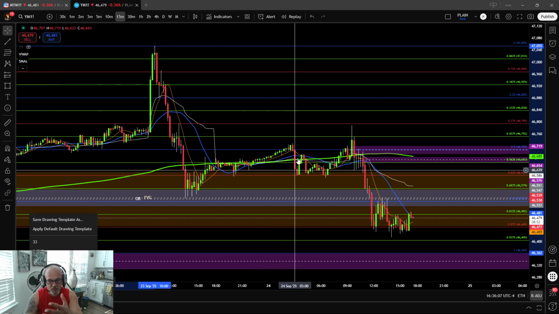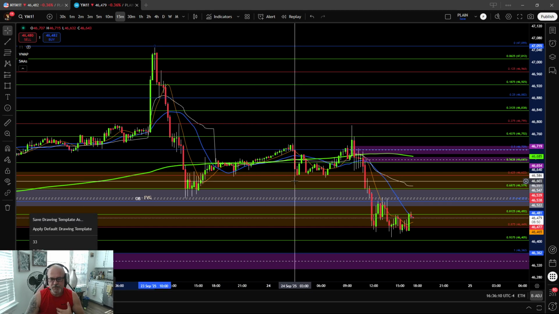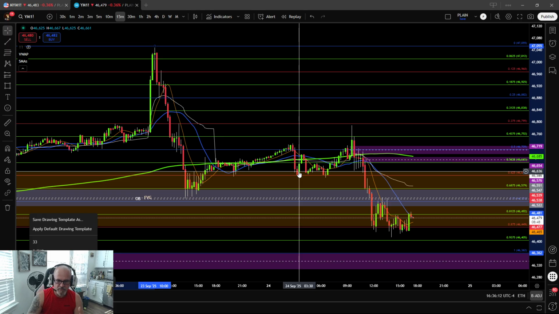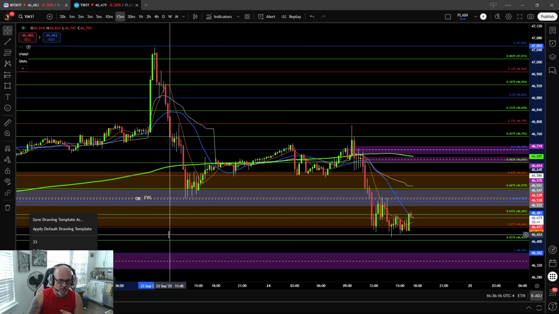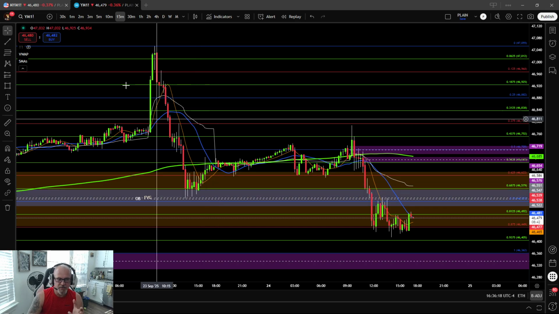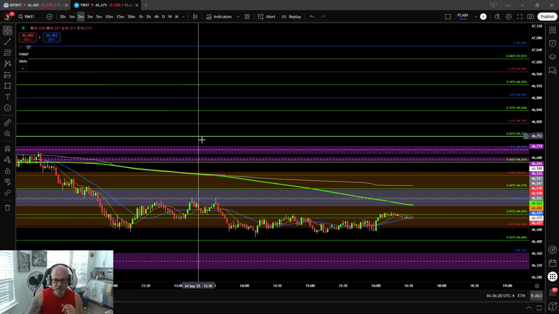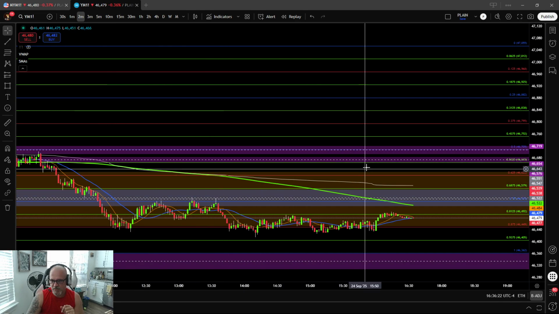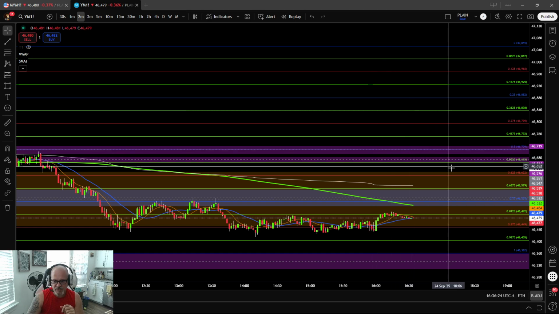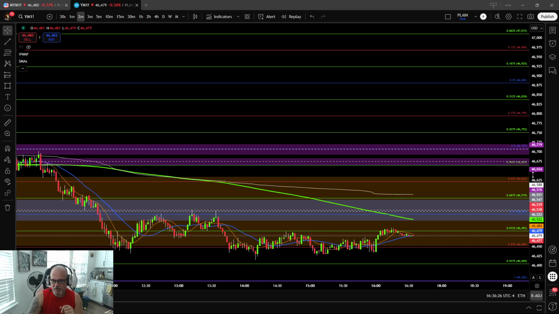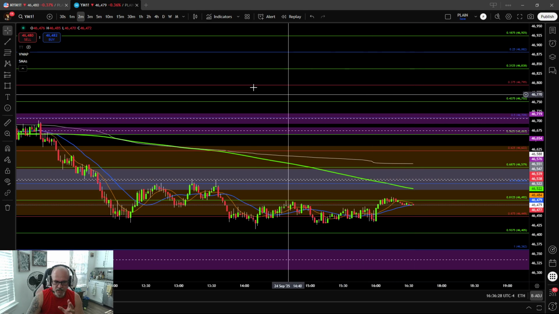So sometimes I will turn this on just to see how things are happening. And it looks pretty cumbersome on the 15-minute chart, but once you move to the 2-minute chart, you can see we have a little bit more spacing between these levels, and you can watch them pretty nicely.